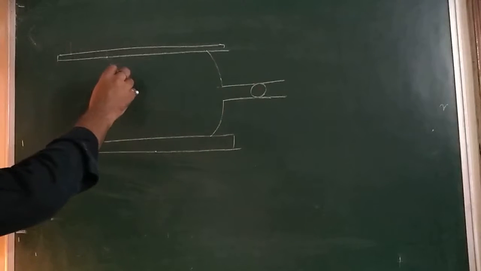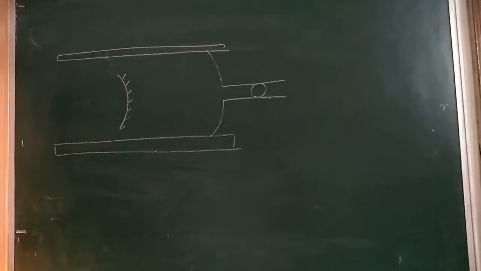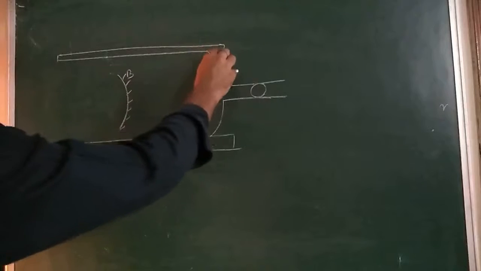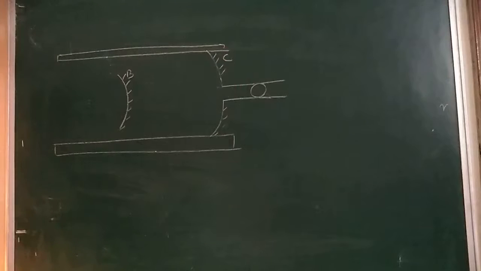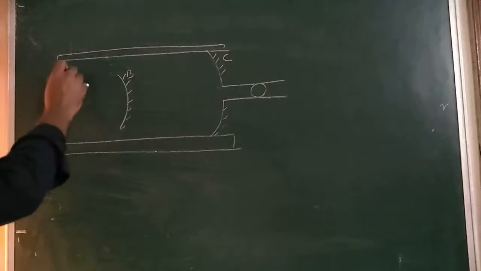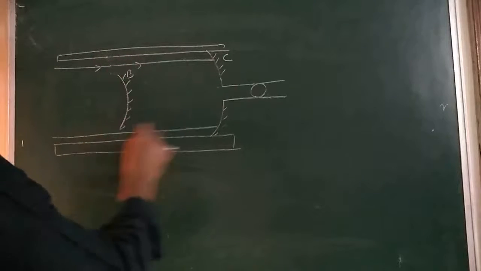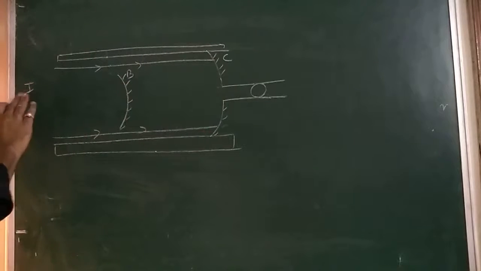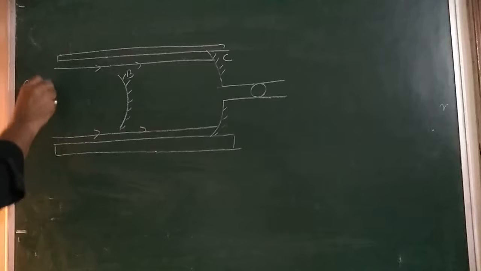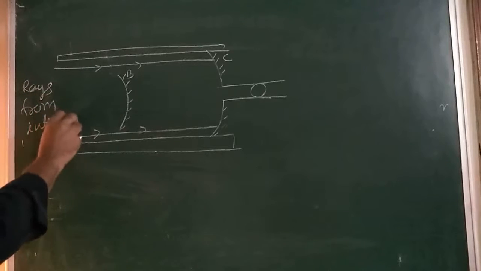Here it is another mirror, say B. Here is an opaque surface C. Rays from infinity are coming in this manner. You can see.